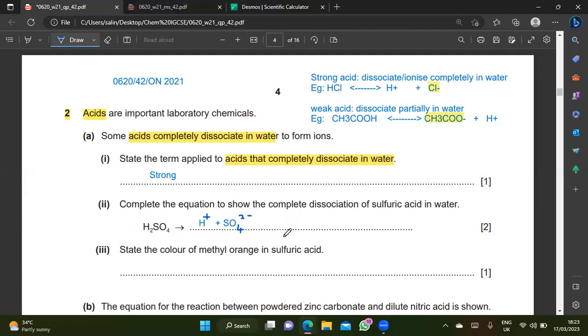Now let's try to balance this. It's not balanced. Why? Because we have 2 hydrogen on one side and we got only 1 hydrogen. What do I need to put in front? Put a number 2.